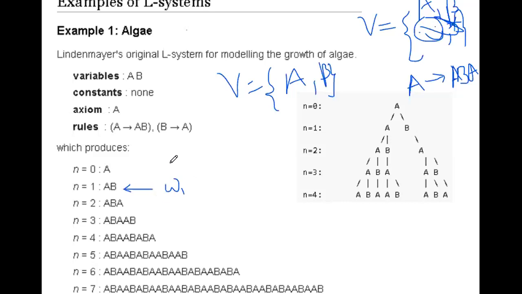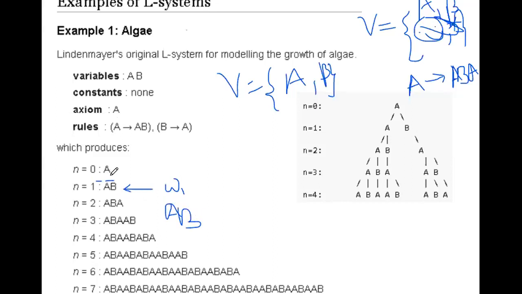And what is the second rewrite? How do you get it? Let's read this from left to right, starting from this side. We encounter the symbol A, which has a rule, so A is converted to AB.